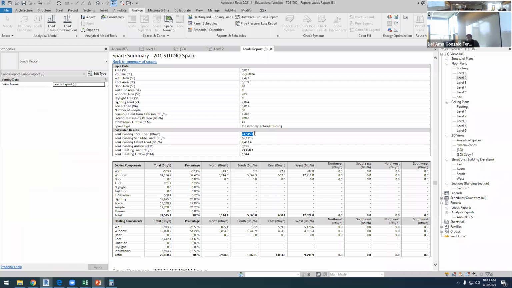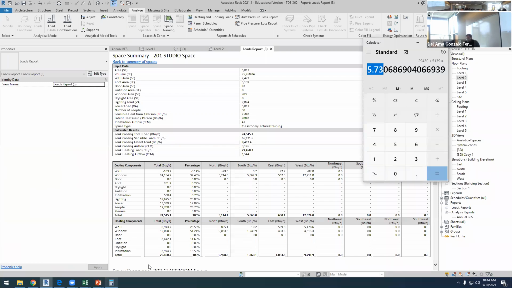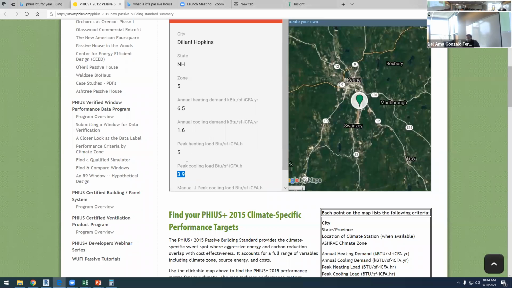I think for the peak cooling we are worse because the peak cooling is 74,000. It's 74,545 divided by the roof area, 5,139. Okay, so this is 14.5. According to the requirements, the cooling load should be 3.9.